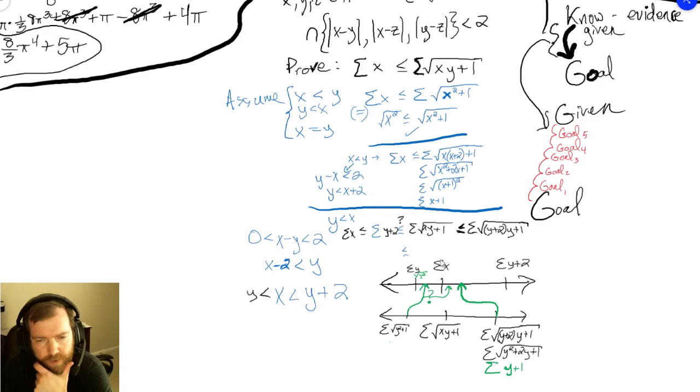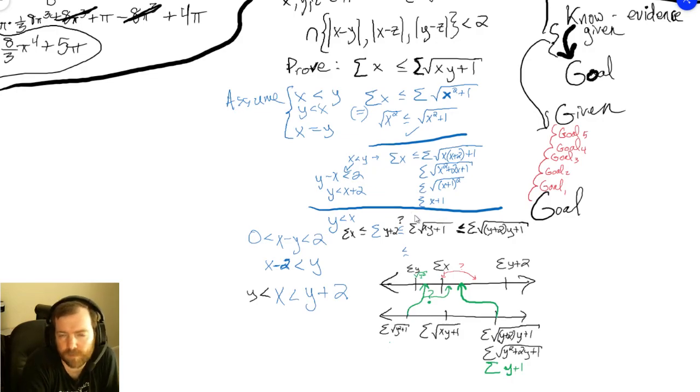And then is the sum of all x's truly here, or is it also out there? We don't know that either. So yeah, that becomes a problem. I'm trying to figure out on what side of all this stuff it lies. It's not quite as straightforward as the one above it.